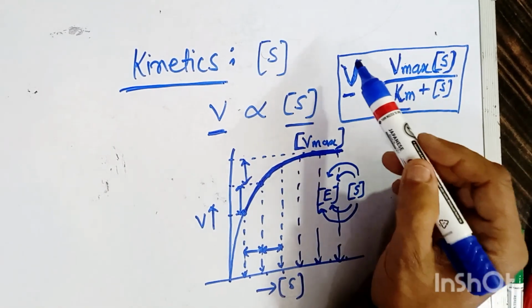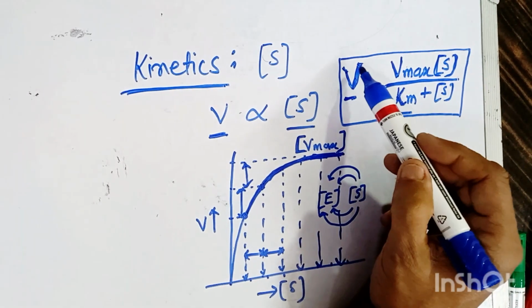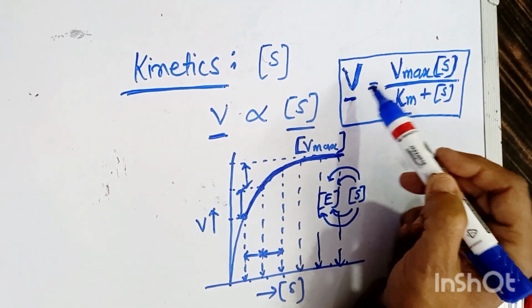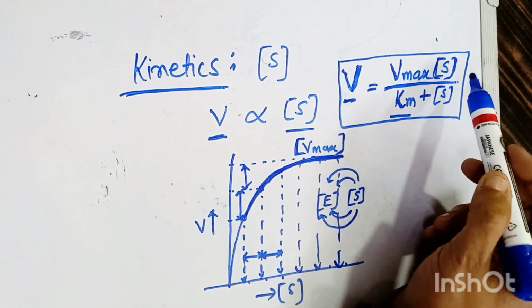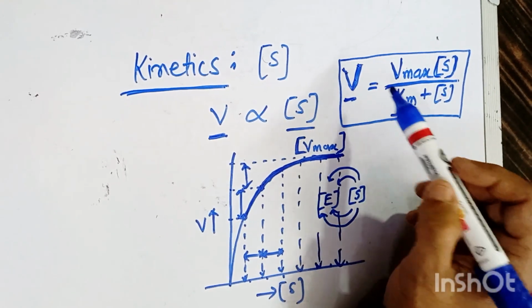So the first thing is you need to memorize it. Velocity of an enzymatic reaction is given by Vmax into S by Km plus S.